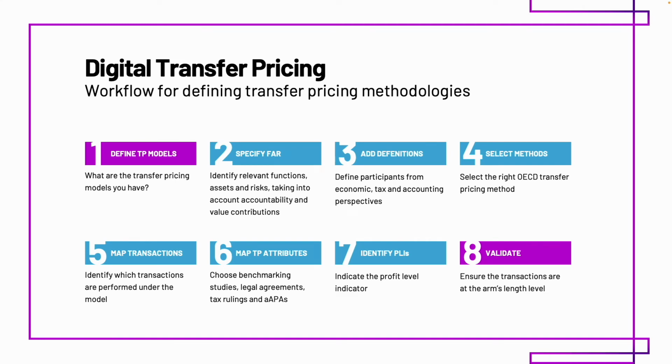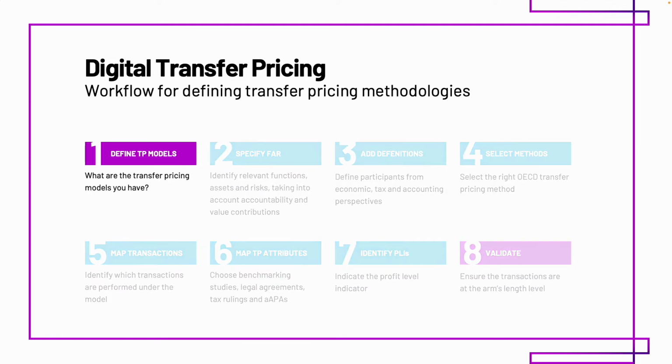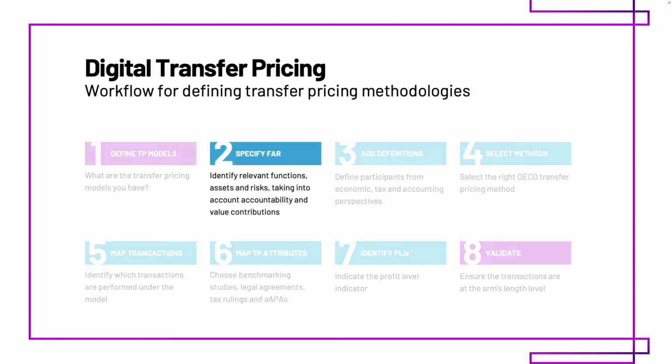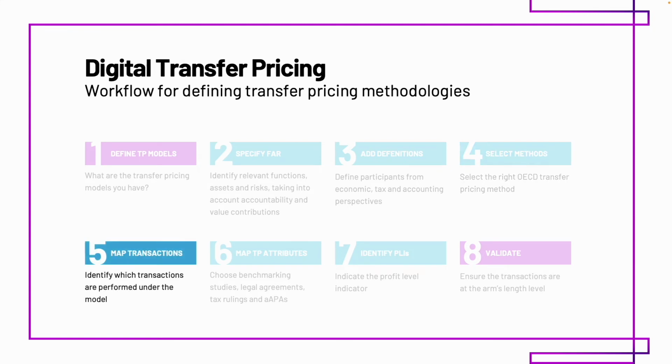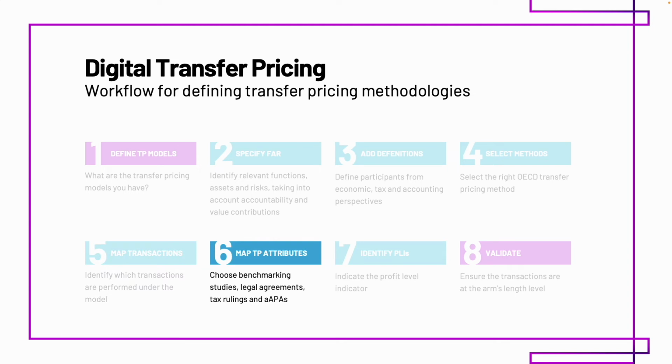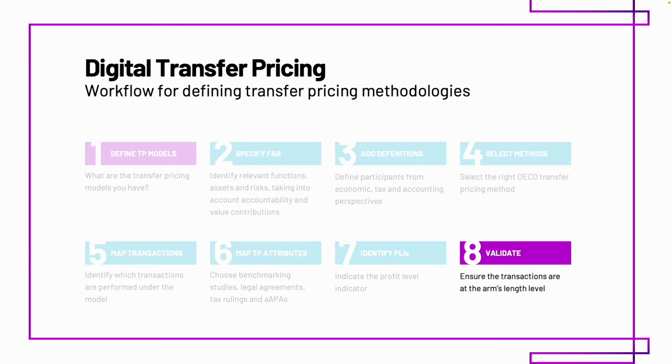The process includes 8 steps: defining TP models, specifying functions, assets, and risks, adding definitions, selecting transfer pricing methods, mapping transactions to TP models, mapping TP attributes such as benchmarking studies, identifying profit level indicators, and validating arm's length nature of the transaction.